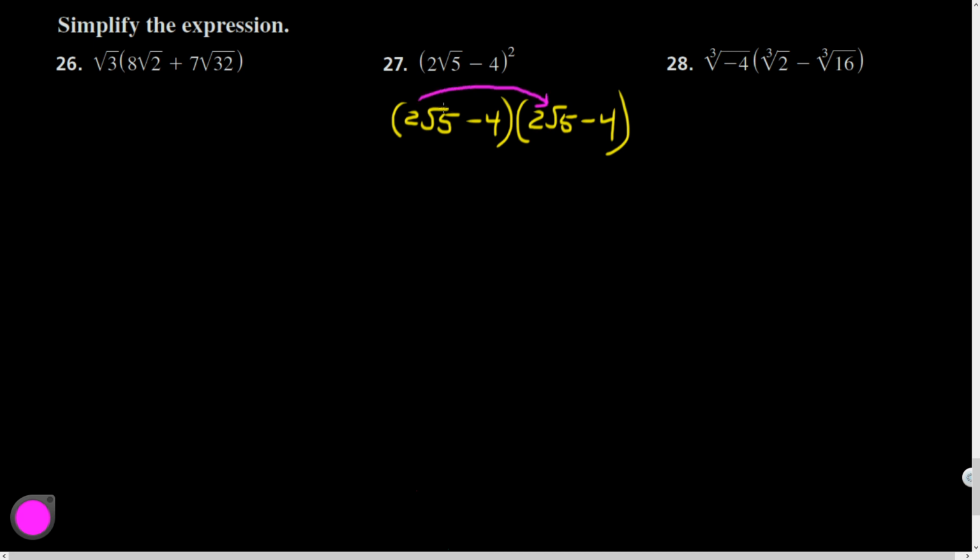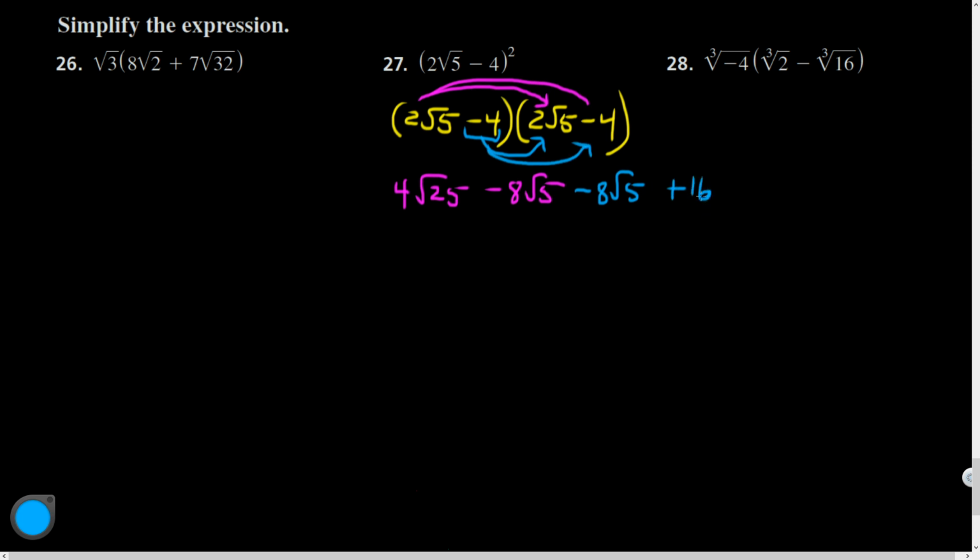So when multiplying, the 2 times 2 I can do, and then the rad 5 times rad 5 is rad 25. This would be minus 8 rad 5s. Let me swap colors here for this. So this would be minus 8 rad 5s, and this one would be plus 16.